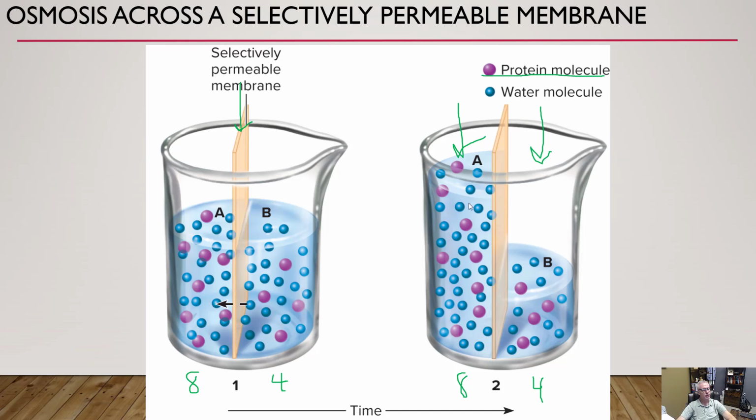The ratio of protein to water would be the same on A as it would be for B.